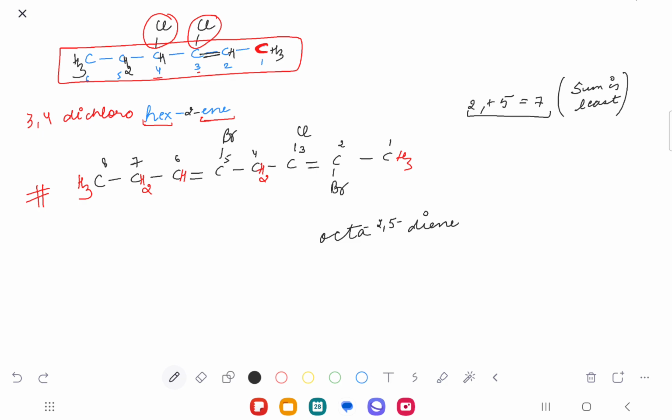Right? So if I look at the main chain, that's how my main chain would be named. There are 8 carbons, oct. 2 double bonds.